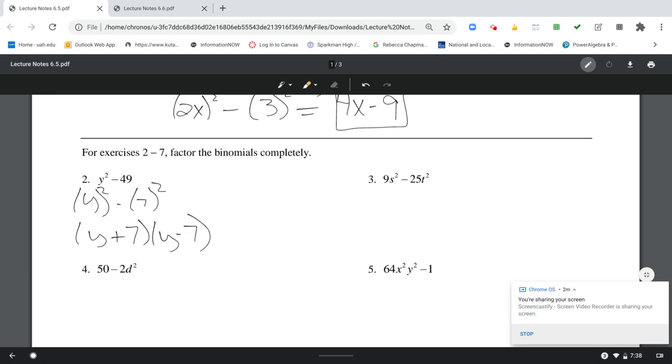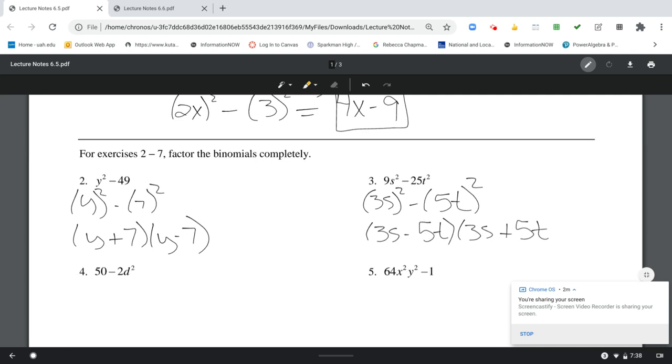In example 3, we've got 3s squared. Then we're going to break that up into the squares, which is 5t squared. So I have 3s minus 5t and 3s plus 5t. Those are the factors of that binomial.